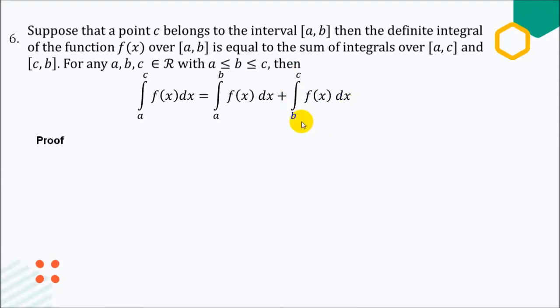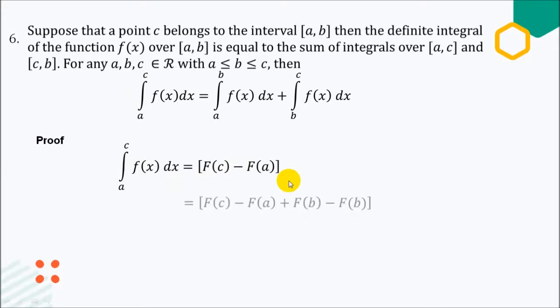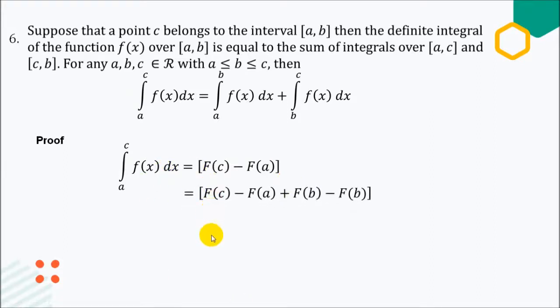So let's see the proof. Before using the fundamental theorem of calculus, you have to know that if we have a and then c, it means that we have F(c) minus F(a). From here we can manipulate the proof.